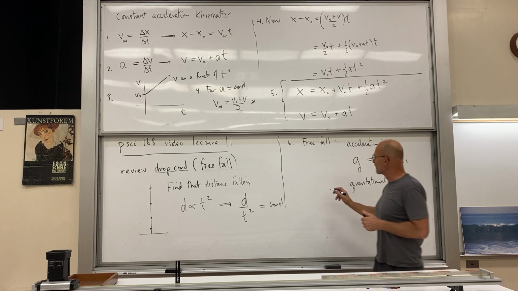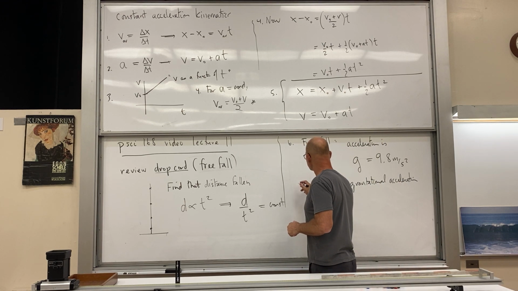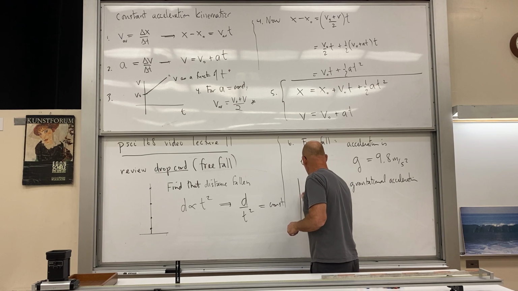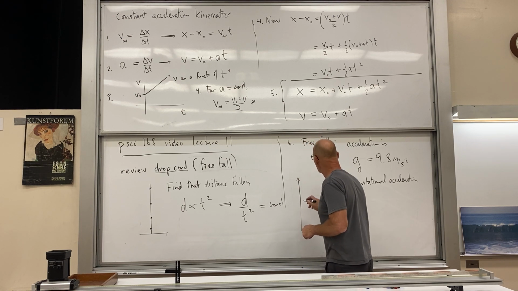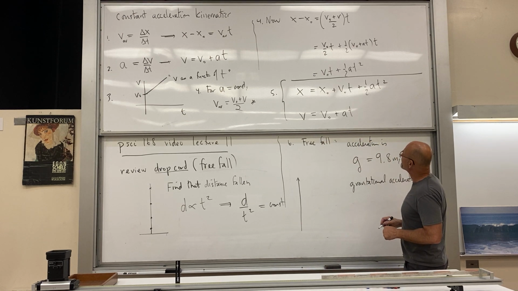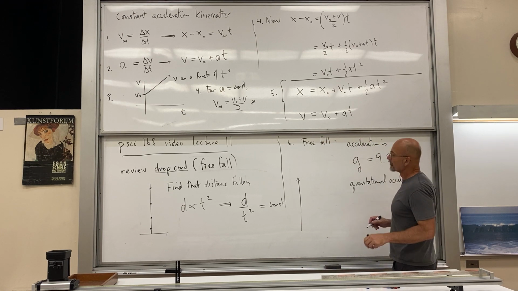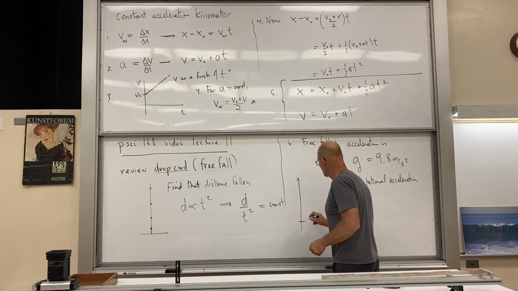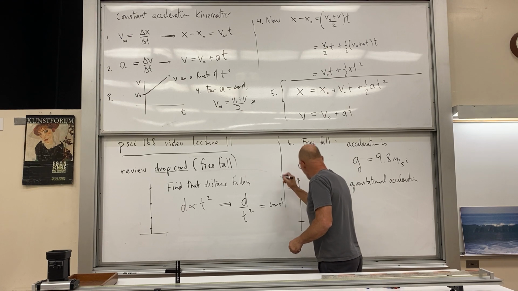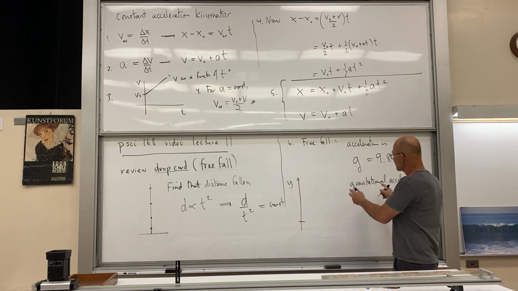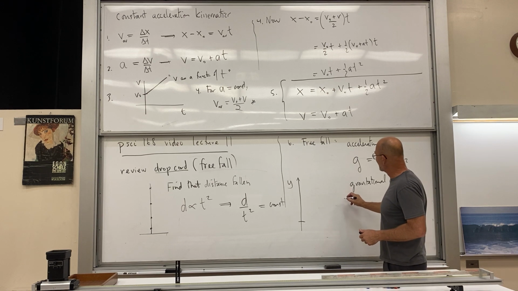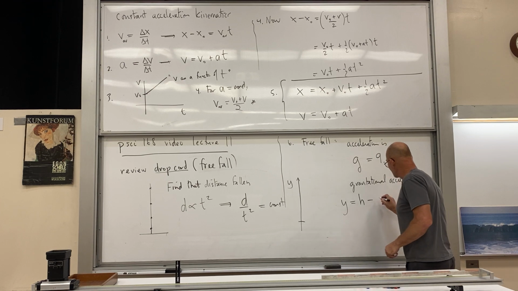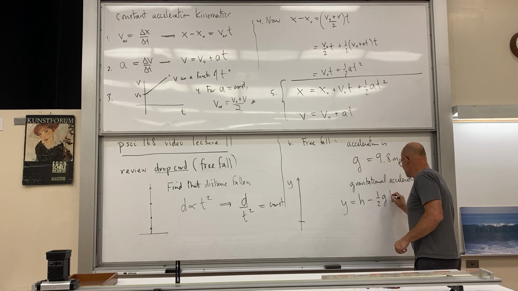So if we're thinking about the up and down directions, we can have the positive direction up. I can change the name to the y-axis. So for the case of gravity, I'm going to write y equals h minus 1/2 g t squared.